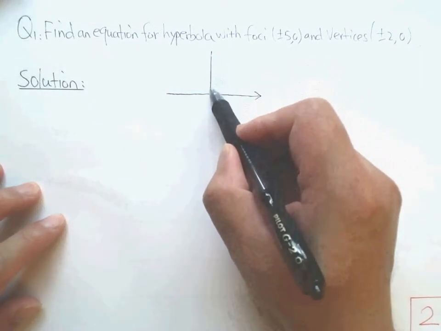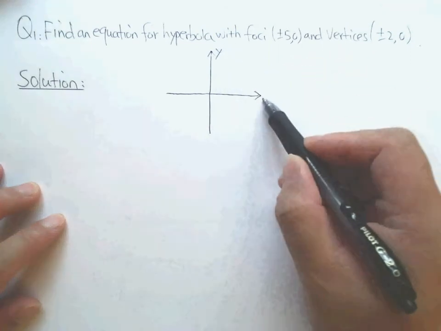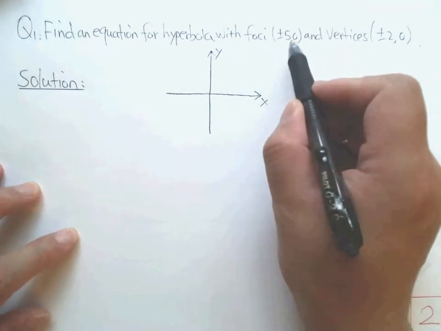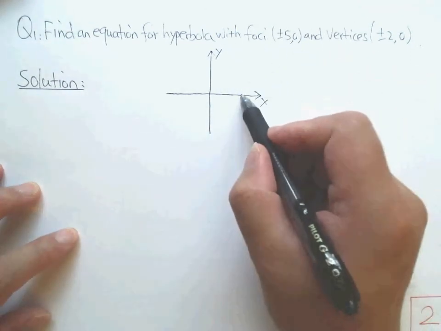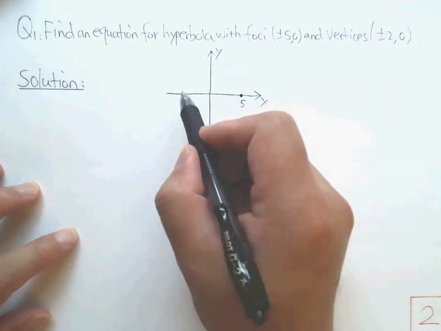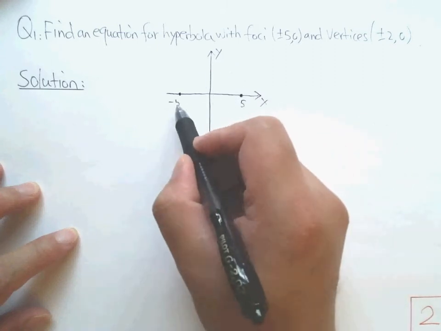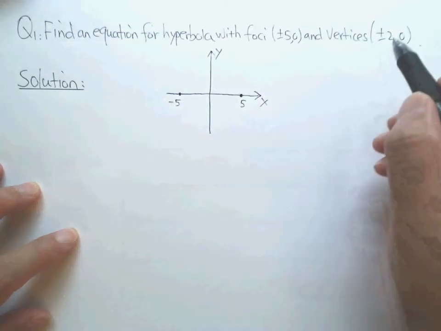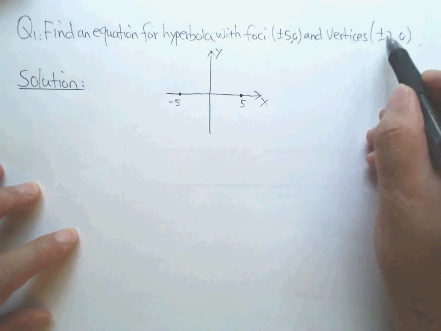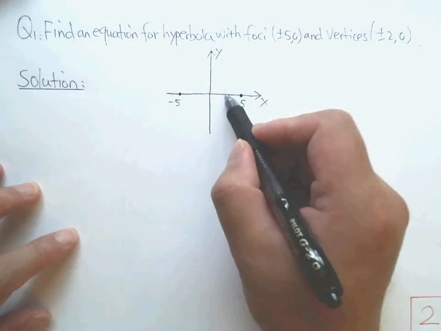So we need the Cartesian system. I simply draw the y-axis and the x-axis, and the foci are at 5 and -5. Then the two vertices are 2 and -2 for the x coordinate.